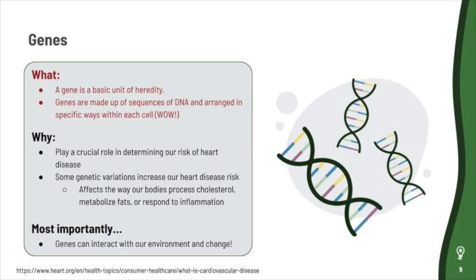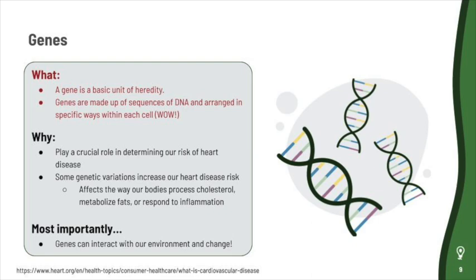They are constantly interacting with our environment, including those foods that we eat, and this can influence how they are expressed. This is where we can say a huge thank you to the study of nutrigenomics, and that is why it matters. By understanding how different nutrients affect our gene expression, we can tailor our diets to target specific genes and the pathways that are involved in the development of heart disease.